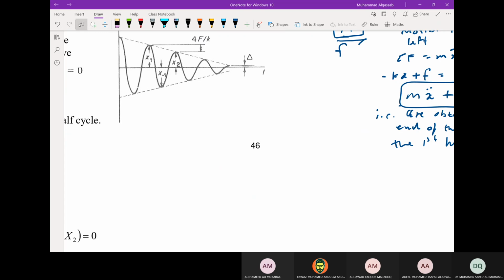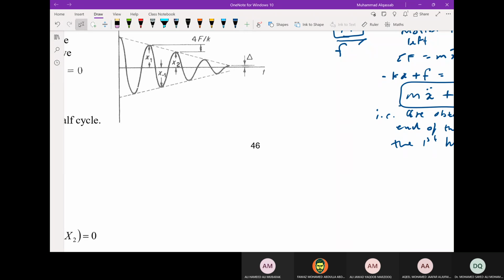Okay, what else we need to find is the relationship between the successive amplitudes, as we did with the viscous damper system, where the ratio of any two amplitudes of consecutive cycles is constant. So we need to find the relationship between successive amplitudes here as well.